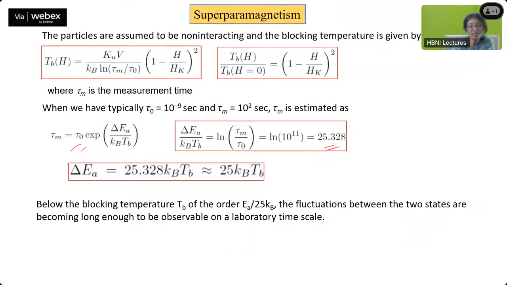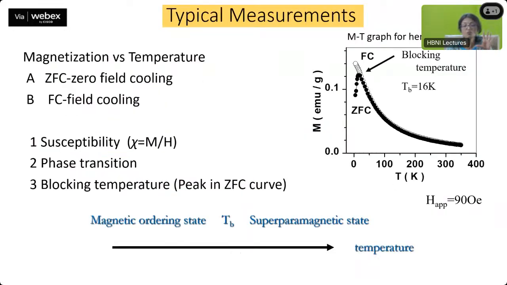So delta EA is approximately 25 kB Tb, where kB is the Boltzmann constant and Tb is your blocking temperature. Below the blocking temperature Tb, which is of the order of EA by 25 kB, the fluctuations between these two states become long enough to be observable on a lab time scale. And this is what we measure using the ZFC and FC curves.